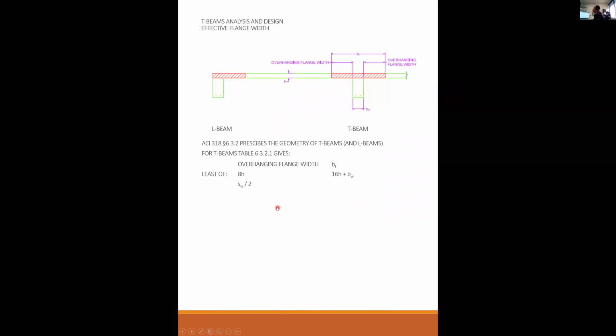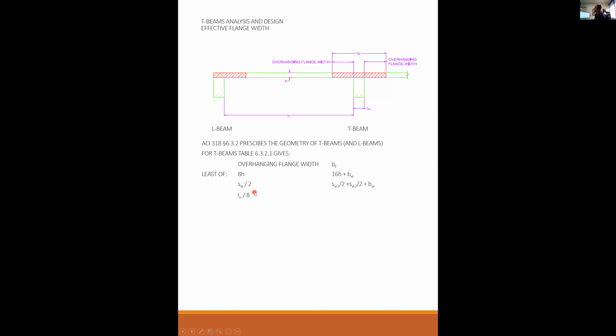Or you can get s sub w over 2 as the overhanging flange width. s sub w is the space from beam to beam. So s sub w is from the inside face to the inside face of the next beam. So you could have an s sub w1 on one side and an s sub w2 on the other side, plus the web width, right? So that'd be s sub w1 over 2 plus s sub w2 over 2 plus b sub w.